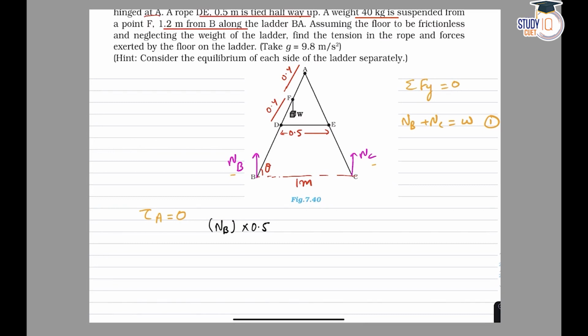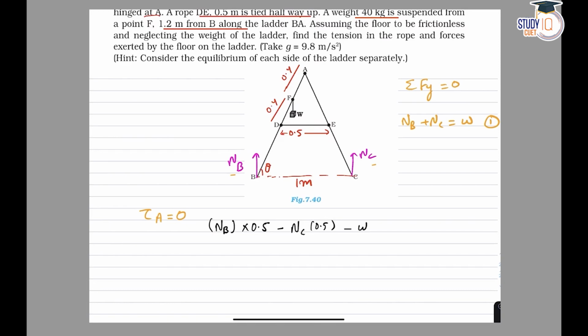The torque of NC about A is in the anti-clockwise sense, so we take it as negative. The torque of W about A is also in the anti-clockwise direction, so it is also negative.